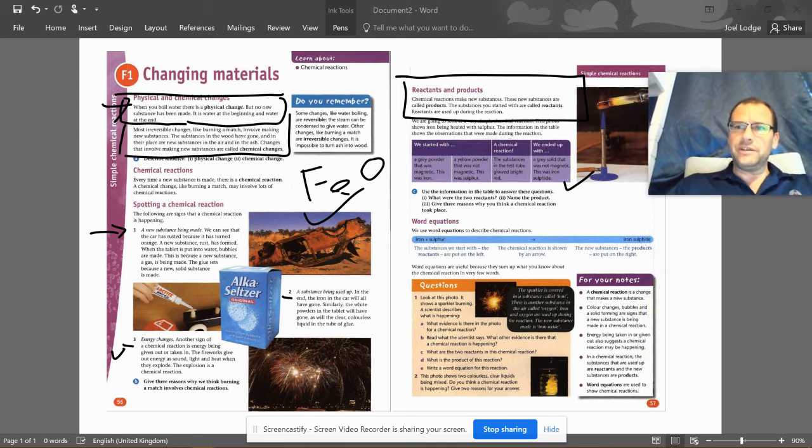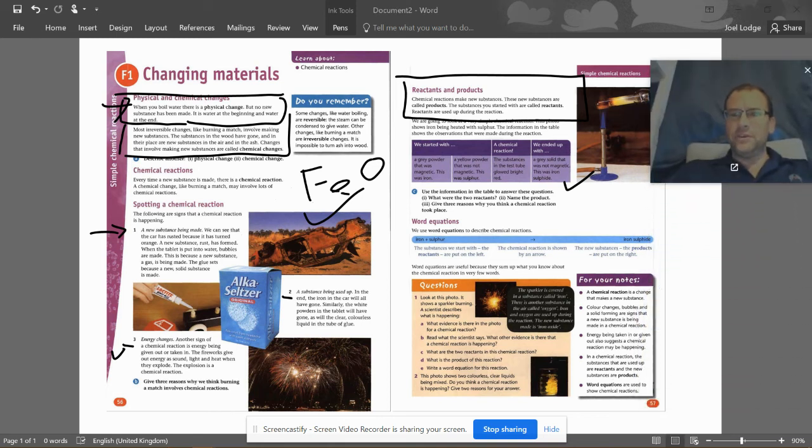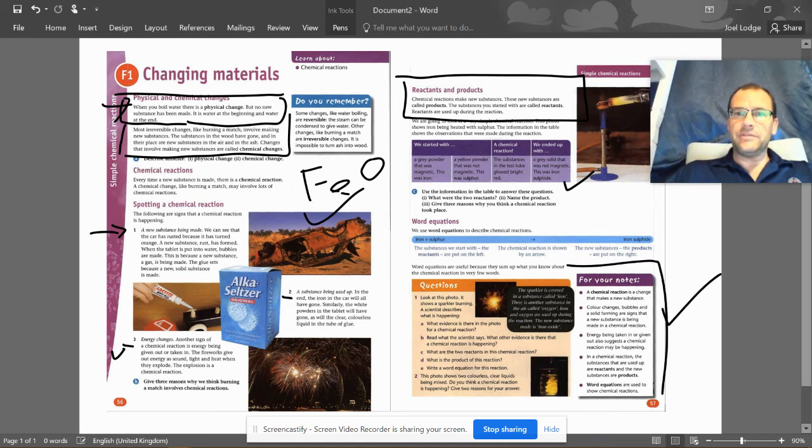But if I just move myself out of the way here. For your notes, if you haven't got any of those things, the physical and chemical changes, the ways we spot chemical reactions, and the keywords reactants and products, then this section here is going to be a really good section for your notes. So a chemical reaction is a change that makes a new substance.